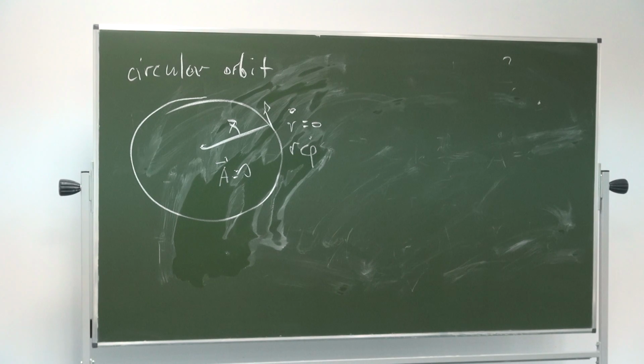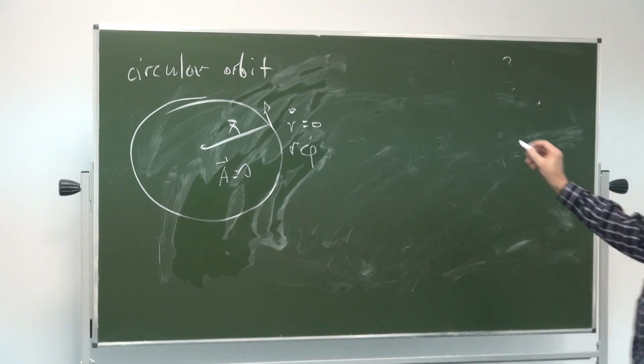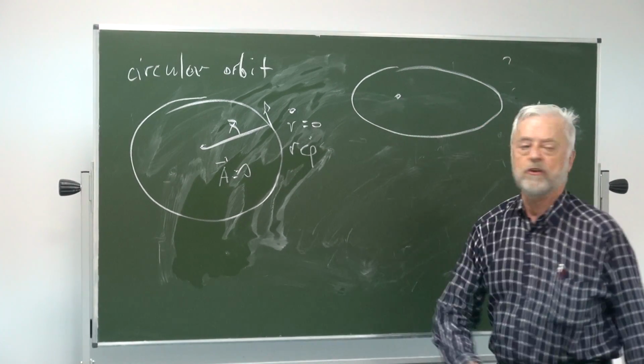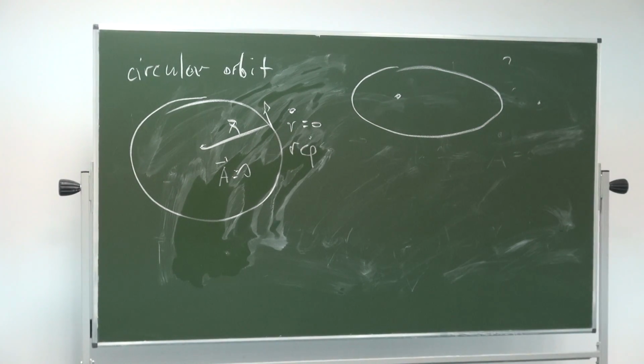But had we taken an elliptic orbit, it would be a very different situation. Just look at the formula that I have erased, and you probably have this formula in the notes. A is non-zero first, but second, it's lying in the plane defining the orbit.